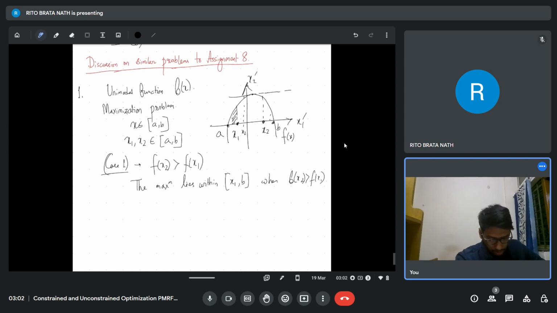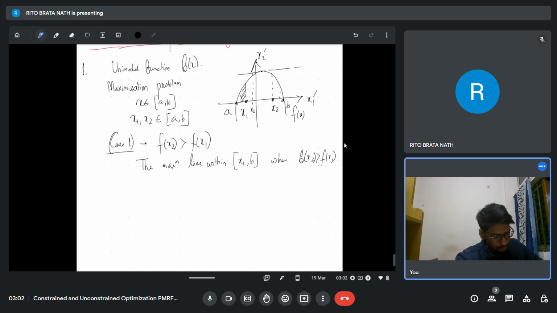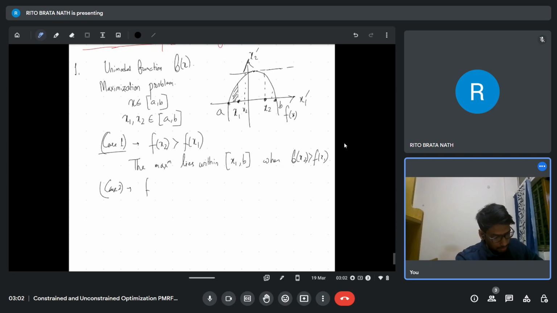Suppose case 2, I give you f(x2) equals f(x1), and x1 is not equal to x2. So it will be in the other portion, somewhere here the x2 will lie, and this is where the equal values come in.